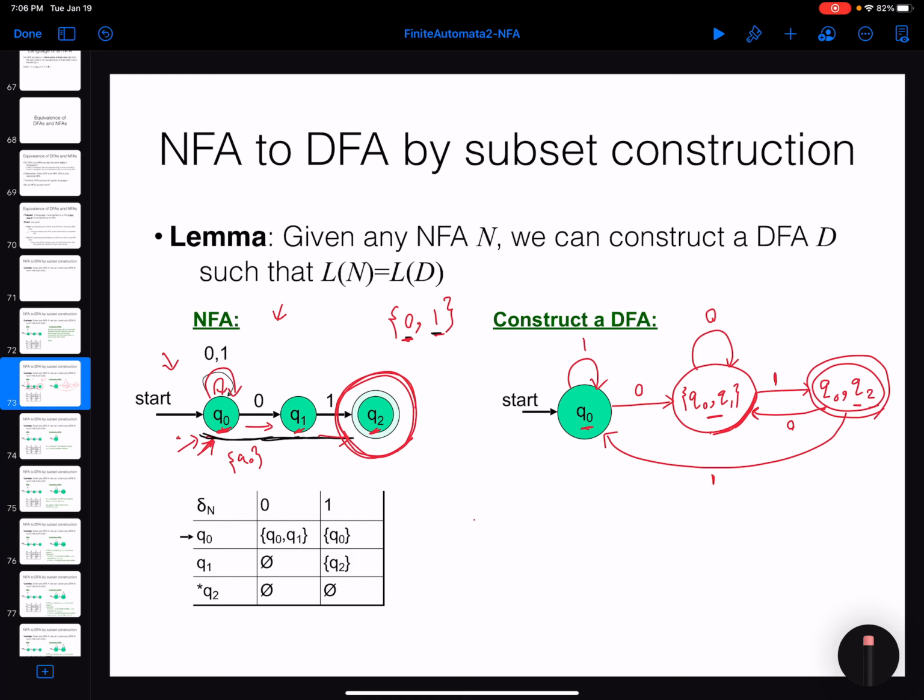To make it easier to understand why these are going to be equivalent, let me show what would happen if I run a string over the NFA, and what would happen if I run it over this DFA.